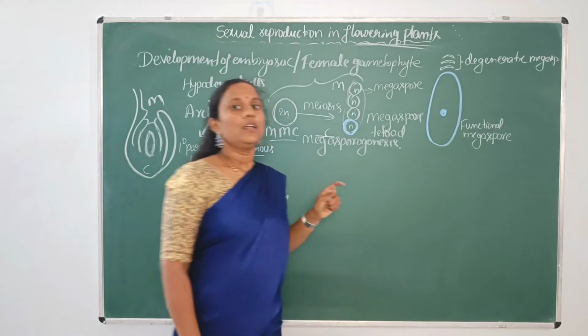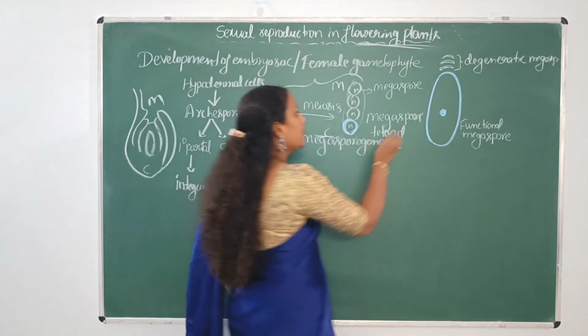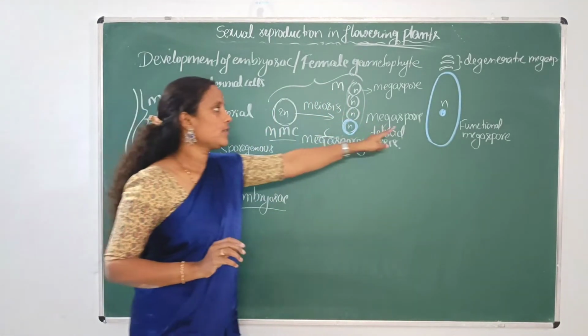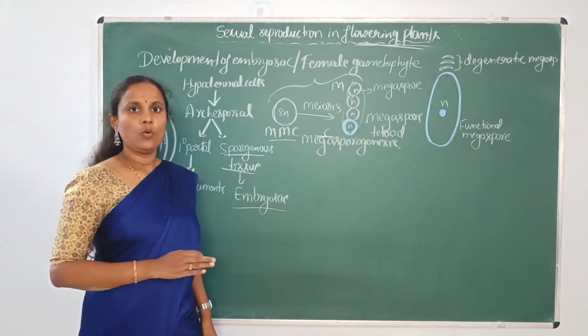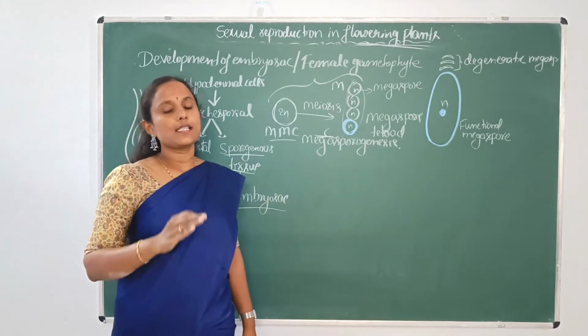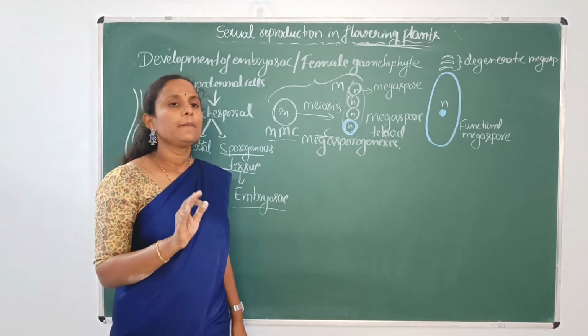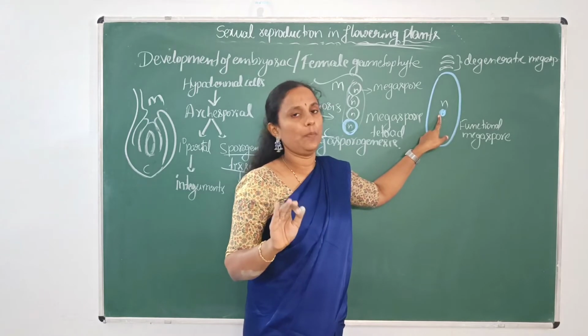Next, the nucleus of the functional megaspore, and you should remember here that the ploidy is n, will undergo 3 successive free-nuclear divisions. That means only the nucleus divides, but not the cytoplasm.